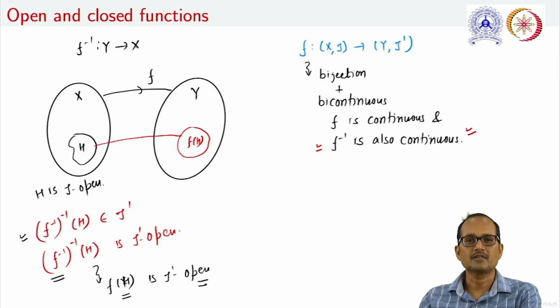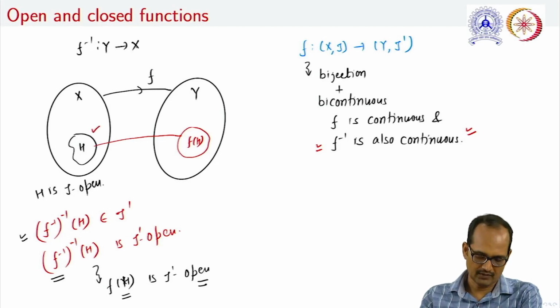The functions sending tau open sets to tau dash open sets are also known as open functions. Thus, in this lecture, we will study the characterization of homeomorphism in terms of open functions.